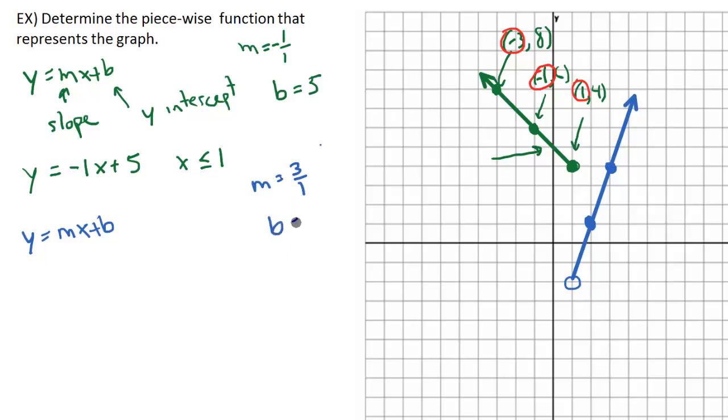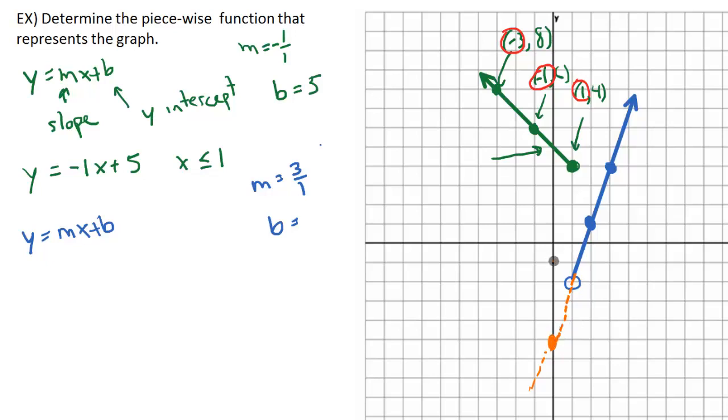Okay. Then our b, well, can you notice where this line crosses the y-axis at all? And you can't see it, but if we extend that line, so if I keep going this way, you'll notice that it goes through the y-axis right about there.